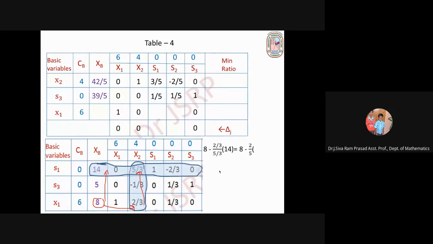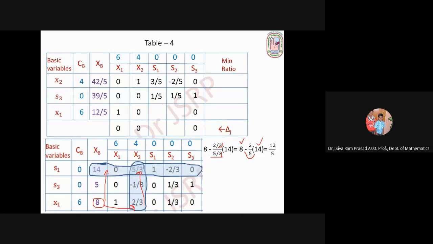First simplify this ratio: the 3 gets cancelled. So 8 minus 2 by 5 into 14. This minus 2 by 5 is fixed for this row calculation; you just replace the present value and pivot row value. Take LCM: 40 minus 28, that is 12 by 5.